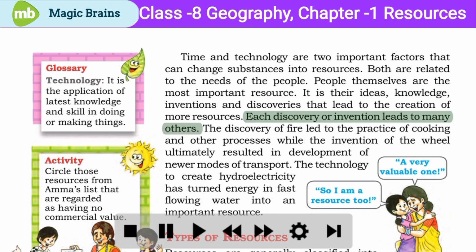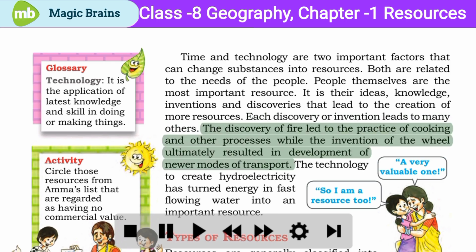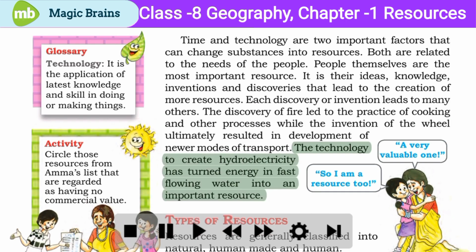Each discovery or invention leads to many others. The discovery of fire led to the practice of cooking and other processes, while the invention of the wheel ultimately resulted in development of newer modes of transport. The technology to create hydroelectricity has turned energy in fast-flowing water into an important resource.